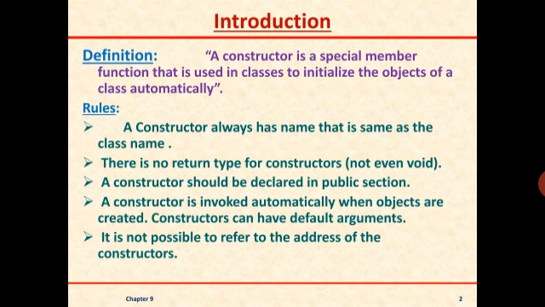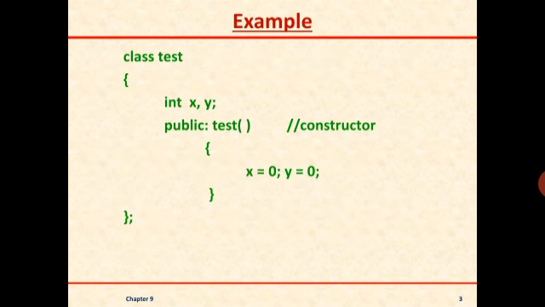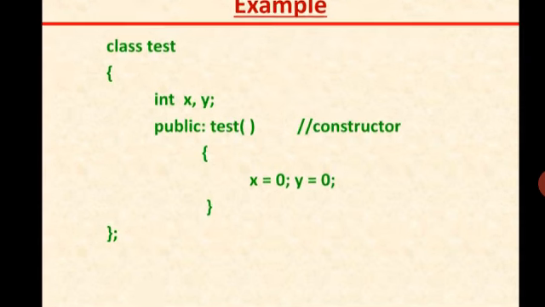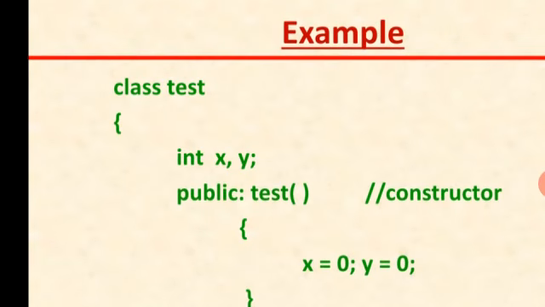So let me show this with the help of one simple example. See here, I have considered a class. The name of the class is test. It has 2 variables x and y which are of the data type integer.